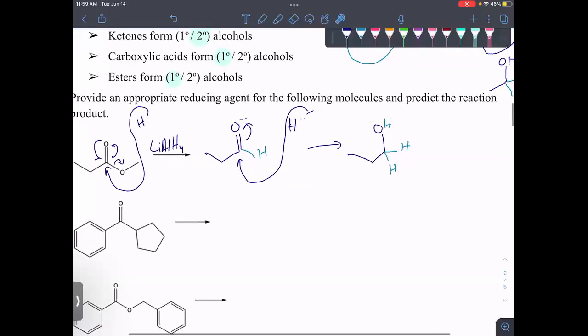And then, yes, you would have the leaving group as some side product in solution, but no one ever asks about that.